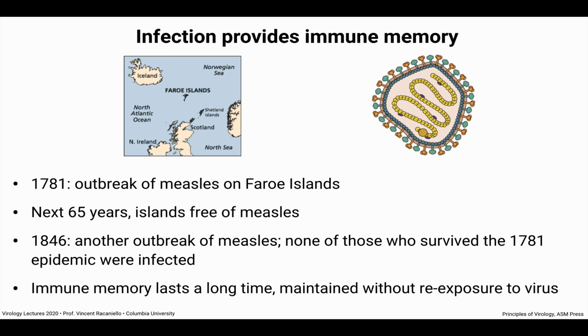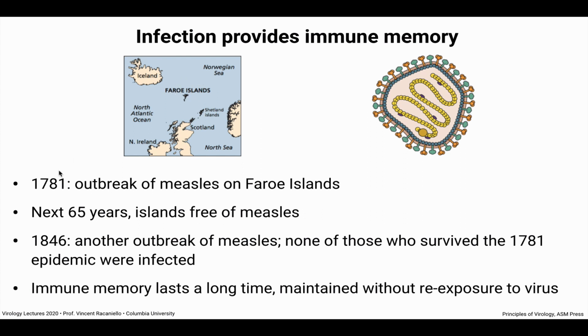The idea that infection provides memory was first established back in the 1800s on these remote islands to the north of the United Kingdom, the Faroe Islands. And there was an outbreak of measles there in 1781.